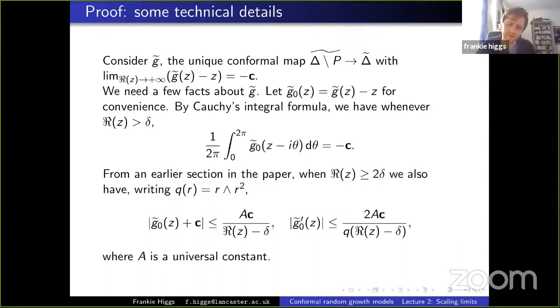And by Cauchy's integral formula, that just means it's equal to its value at a point in the interior. It's a bit awkward because we would probably have to transfer back to the inside of the disk rather than the exterior disk, but since the value at infinity of g0 is minus c, the Cauchy integral formula means when we take this integral, we get minus c out.